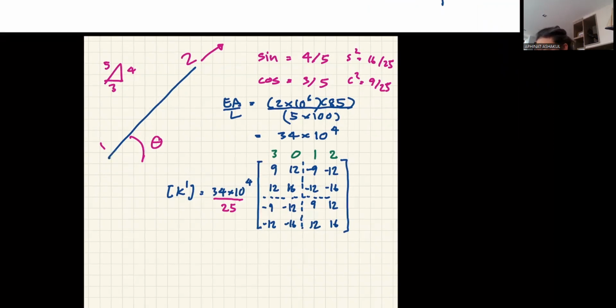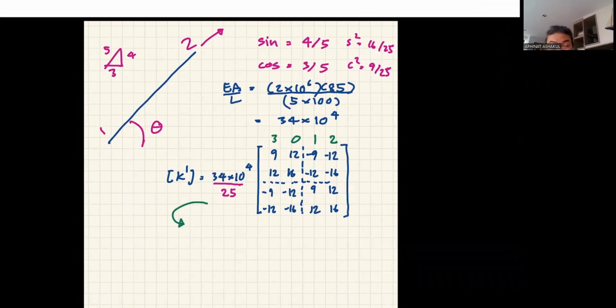That's why I don't like this example. It doesn't show that it should turn into the matrix with the same size as the unknowns of the entire structure.